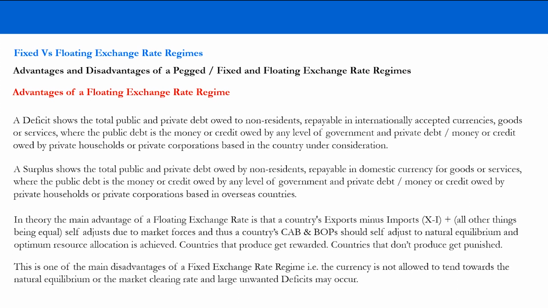A country's current account balance and balance of payments should automatically self-adjust to a natural equilibrium, and optimal resource allocation is supposed to be achieved. Countries that produce get rewarded, and countries that don't produce get punished. And this is supposed to be one of the main advantages of a floating exchange rate system.